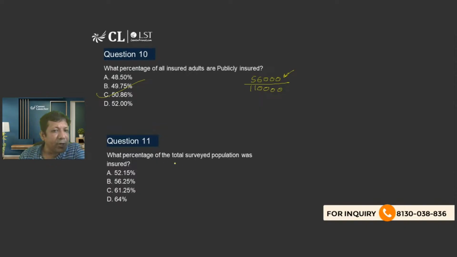And what percent of the total surveyed population was insured? So 70,000 people are not insured, and 110,000 people are insured out of 180,000. So the value is going to be a little greater than 60%. Which option? Option C. Understood?